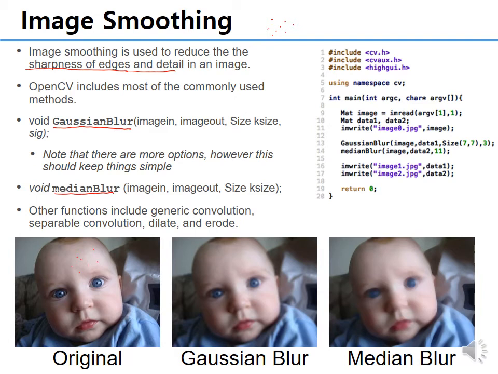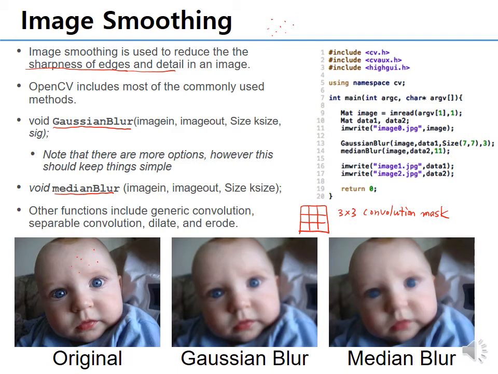Actually, you need to understand the convolution mask to understand image smoothing. This is a 3x3 convolution mask, and it has its own weighting factor for each element.